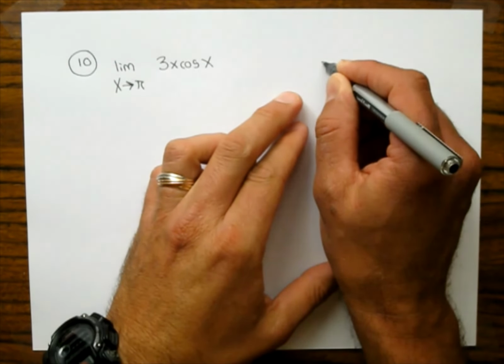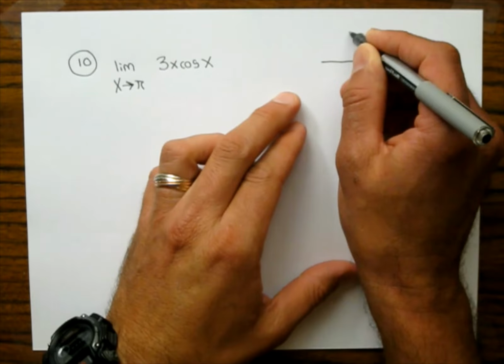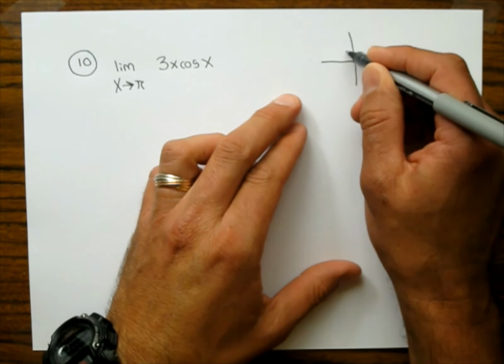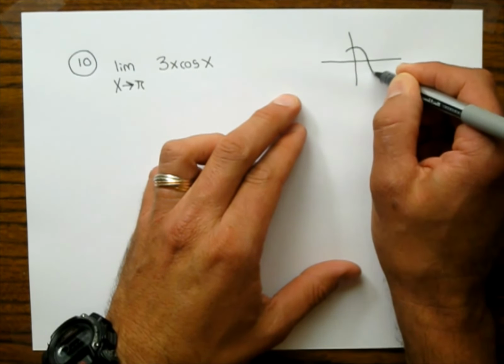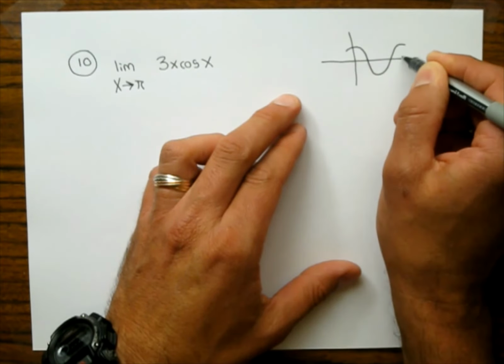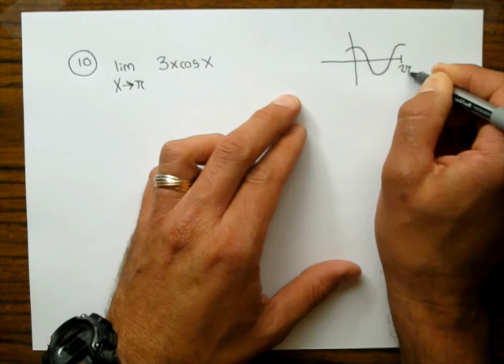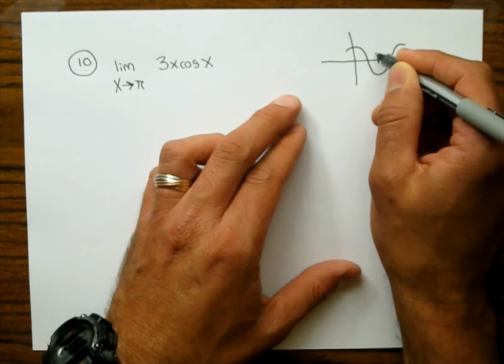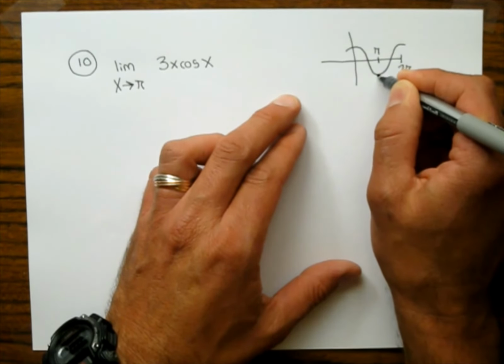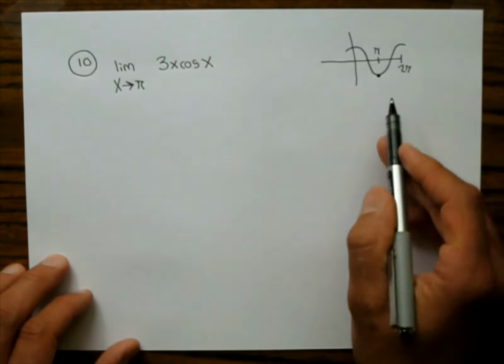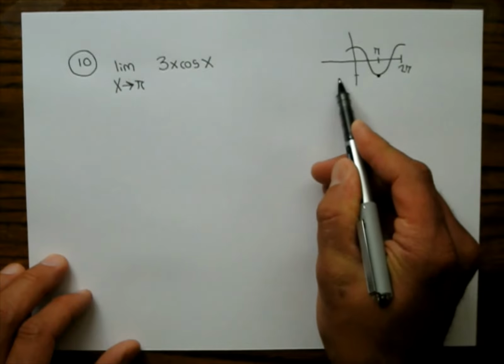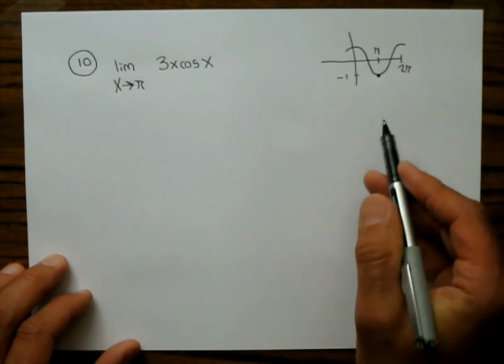I'm going to be a purist here, and I'm going to say I just remember the cosine looks like this, and it goes for a cycle of 2 pi, and then here's pi. So it looks like the cosine of pi is going to be -1.